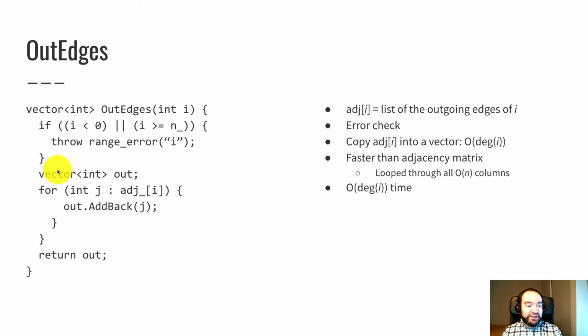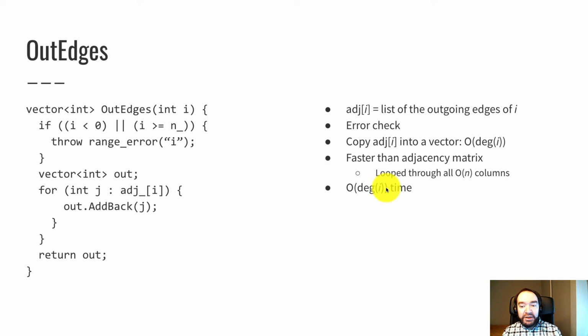So we create a vector of int called out, and for each j that's in edge of i, we just do out.add_back(j). So basically copy all of the ints out of edge[i] and put them into out, then return out. So this loop repeats big O of degree time, and the whole operation is big O of degree of i time. And this is what we were hoping for.